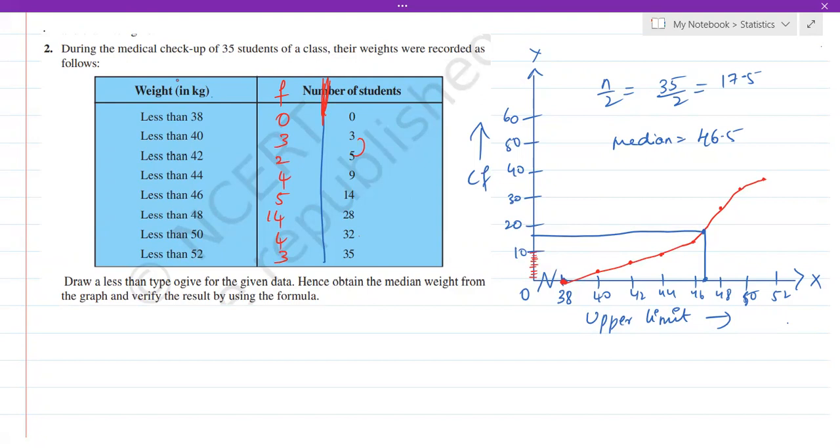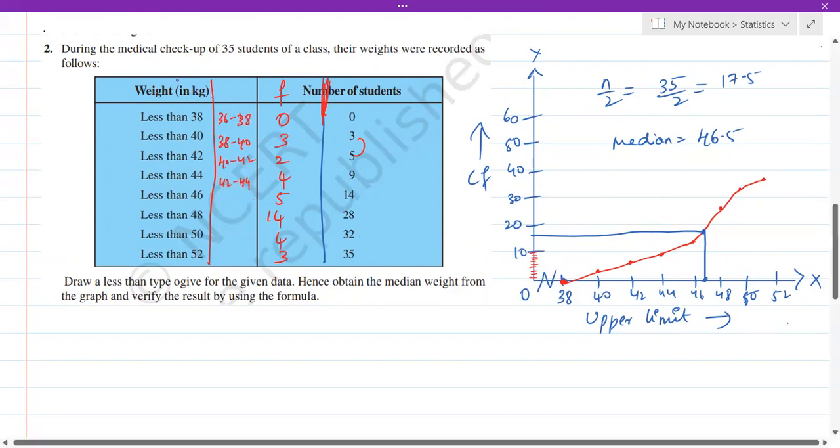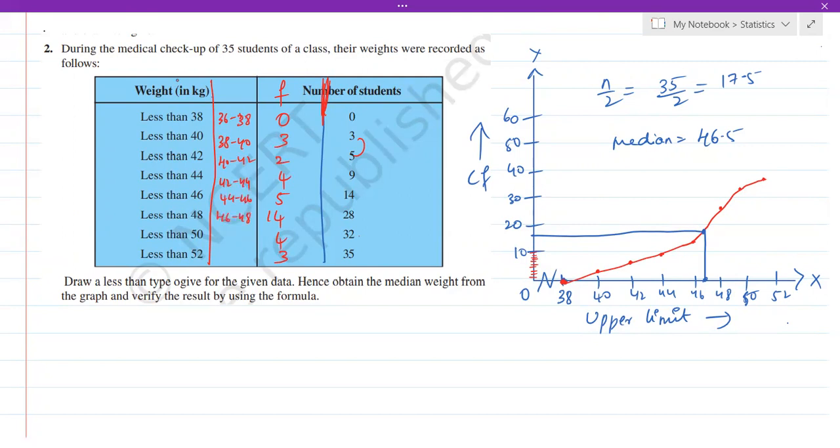Let me write the class interval here itself. So the previous value, let's take 36 itself, because each is 2 difference, right? So 36 to 38, 38 to 40, 40 to 42, 42 to 44, 44 to 46, 46 to 48, 48 to 50, and 50 to 52.